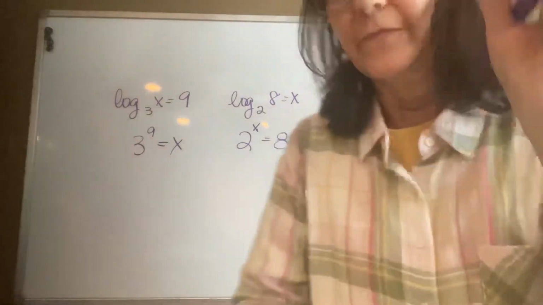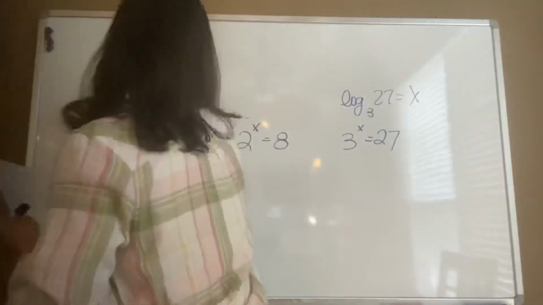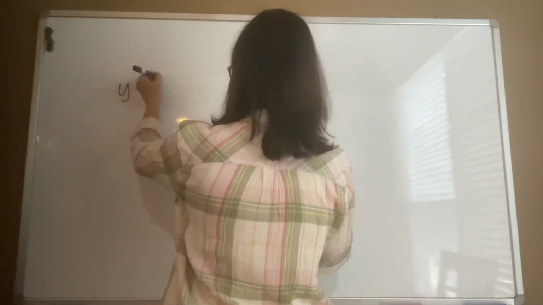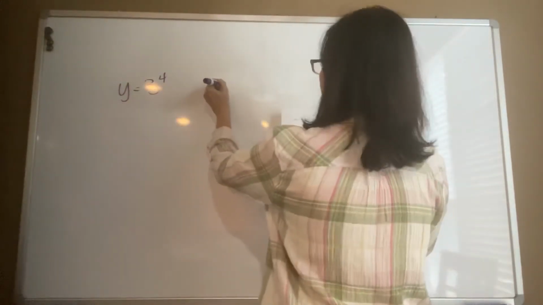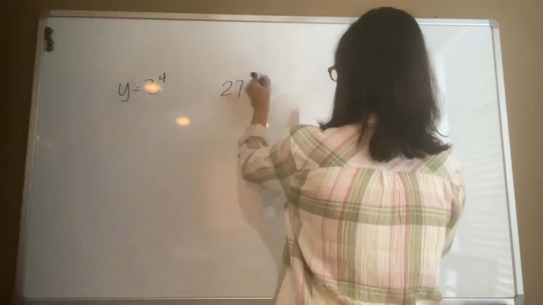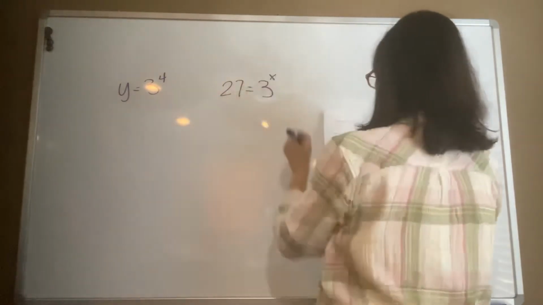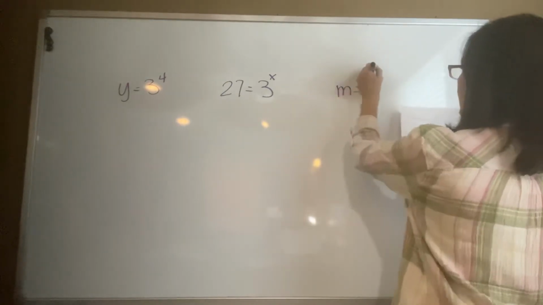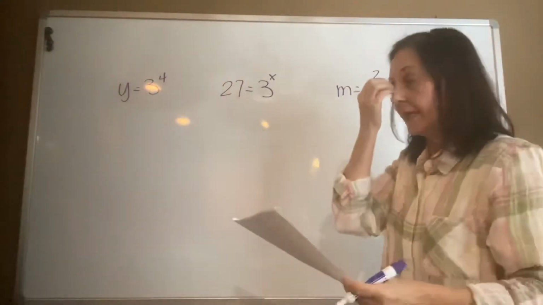Let's go the other way. Let's go from exponential form to logarithmic form. If I have y equals 3 to the 4th, if I have 27 equals 3 to the x, and if I have m equals 4 squared, let's write all of these in log form.